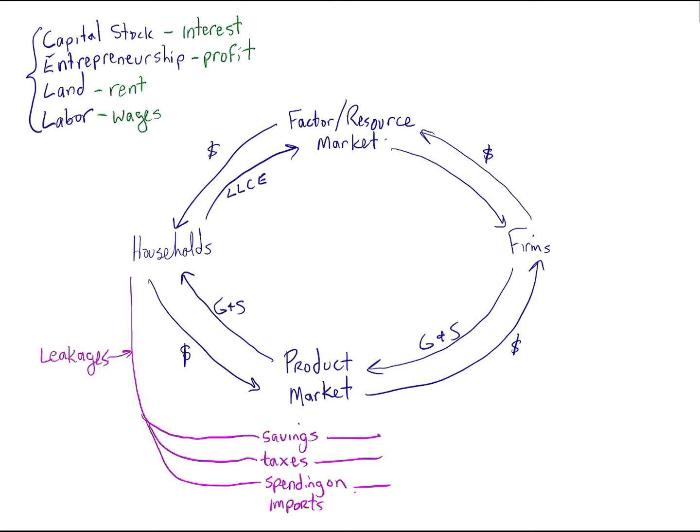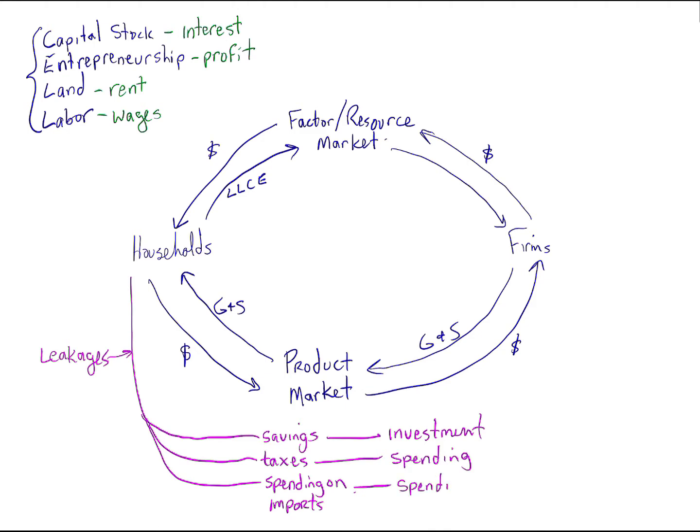How do they do that? Savings becomes investment. Taxes become government spending. I'm just going to write spending here, but it's government spending. And spending on imports becomes spending on exports.